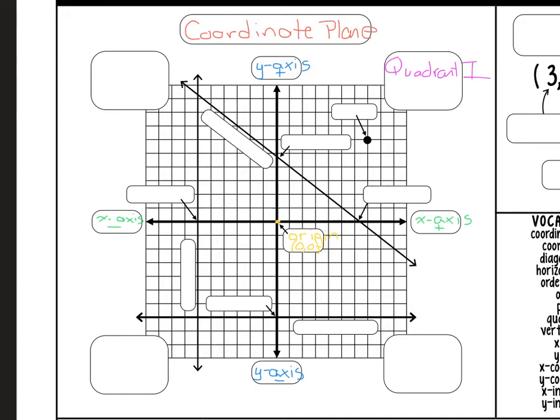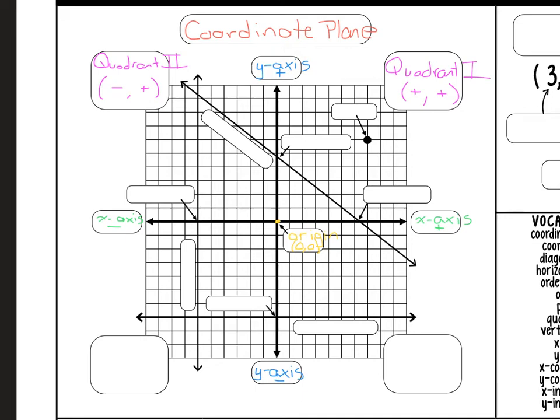And then they go counterclockwise around. So quadrant 1 contains your positive x values and your positive y values. Moving to the left, since again we go counterclockwise, is quadrant 2. Quadrant 2 contains negative x values and positive y values.